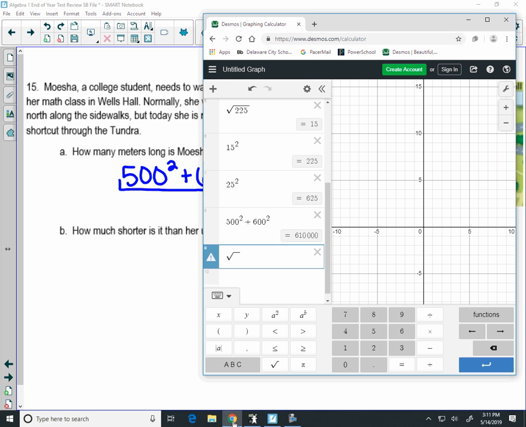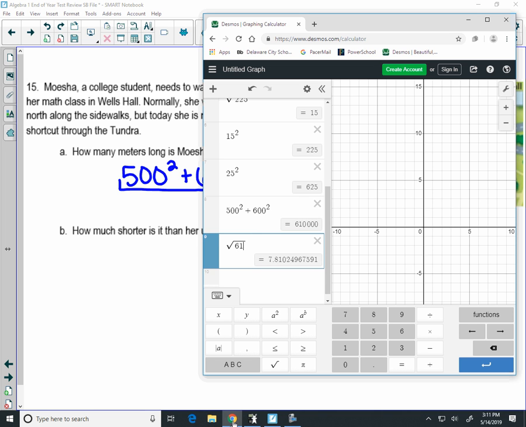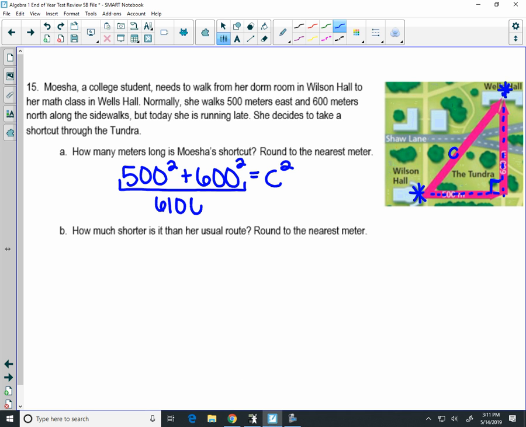Now be careful that you get the right number of zeros here. I need 4 zeros. I went ahead and took that square root already: 781.02 meters.